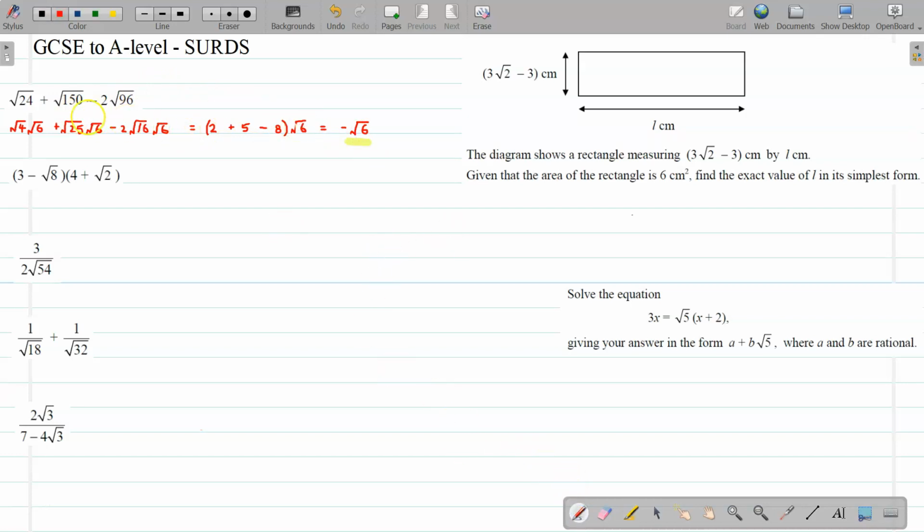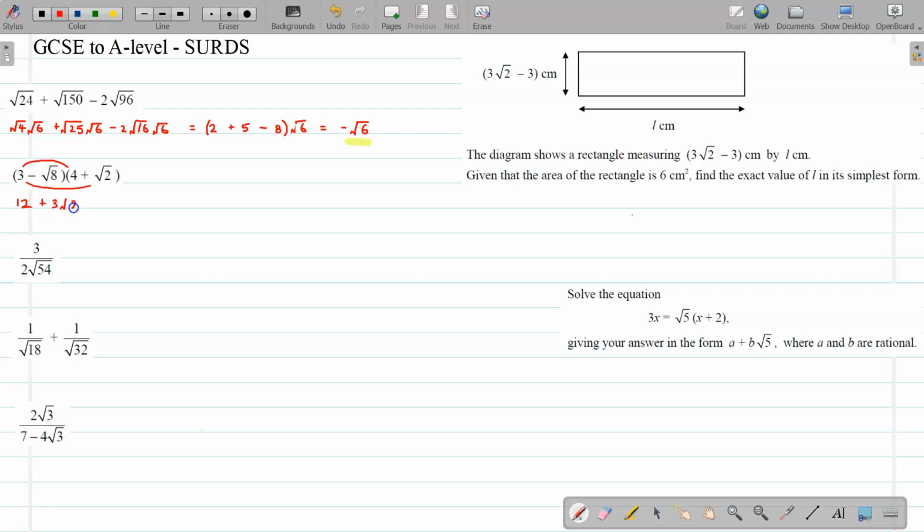Now, the next question here, we use FOIL: first, outer, inner, last. So we take the first terms and multiply them together. 3 times 4 is 12, so I'm just going to write that down there. And then the outer terms, 3 times root 2 is 3 root 2.